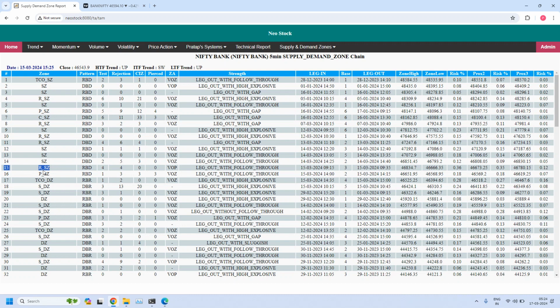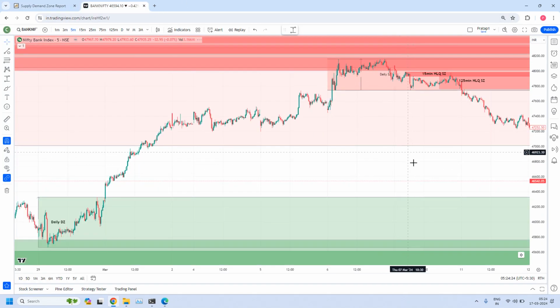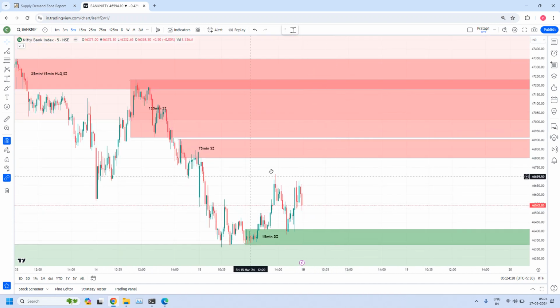So what we do, first let me draw the supply zones, the nearest supply zone, the 15th one. So 15/3/2024, 9:15, 3 base candles. Let me change it to the 5 minutes time frame. This is the nearest price.